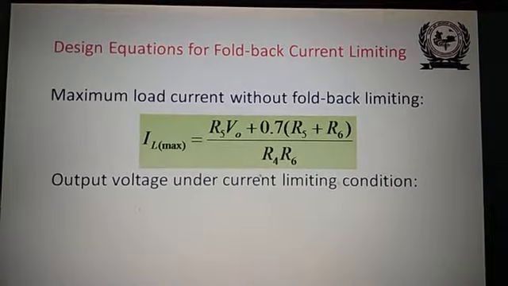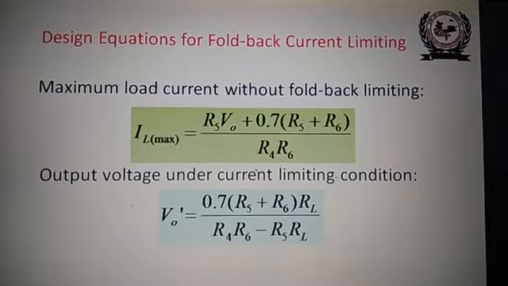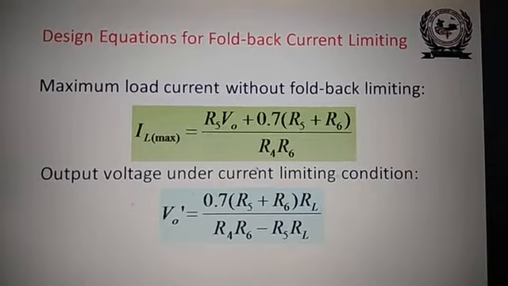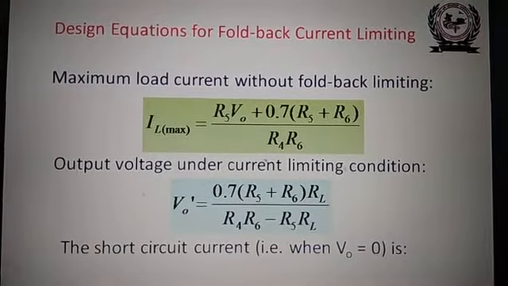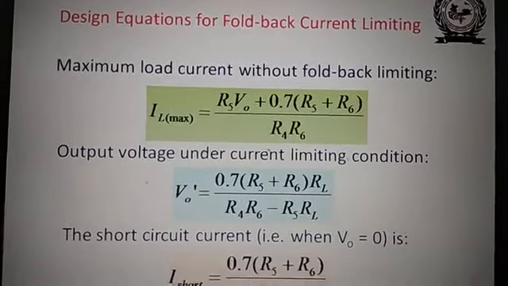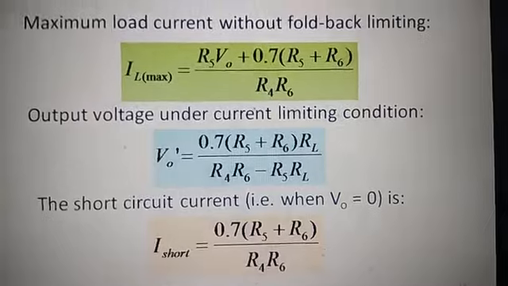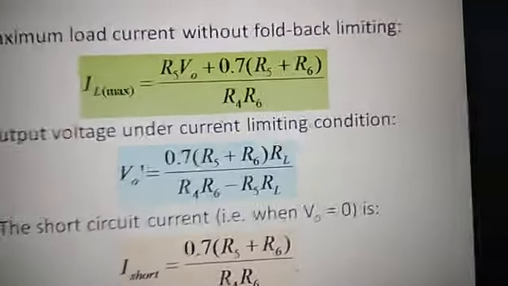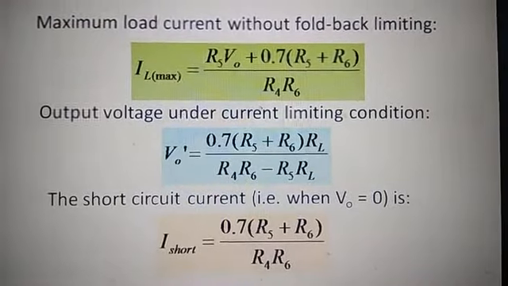The output voltage under current limiting condition, V0 dash, is also given here. You can go through this equation. The short circuit current, that is when V0 is equal to 0, is also given here. These three equations are important in fold back current limiting in a regulator.